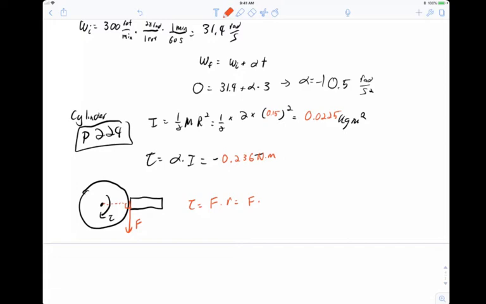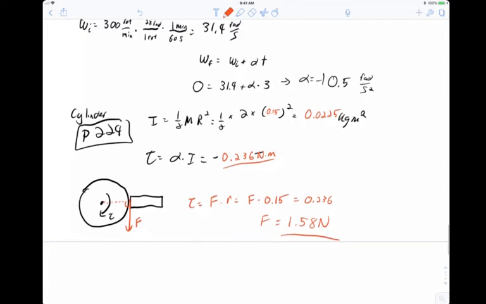So this torque is equal to the force times the radius, 0.15. So the force has got to be 1.58 newtons. All right, that was a fun question.